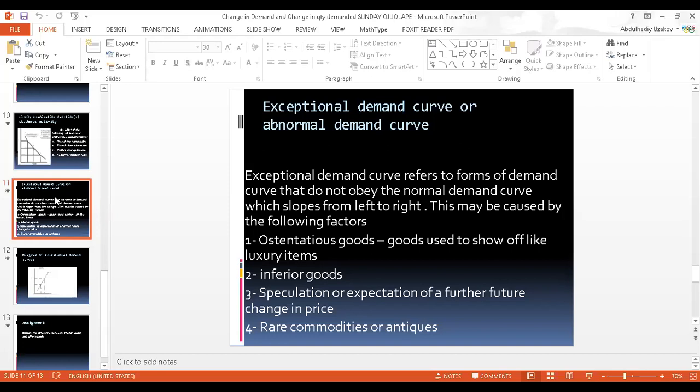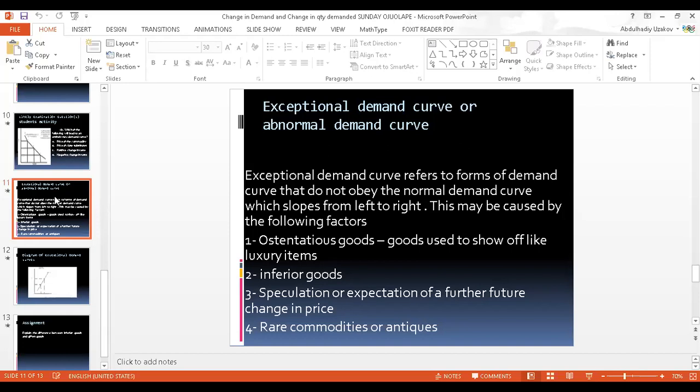Luxury items are those items that people use to put themselves in a kind of class. You know what people are, especially on this side of the world. They want to show that, okay, I'm a classy person.